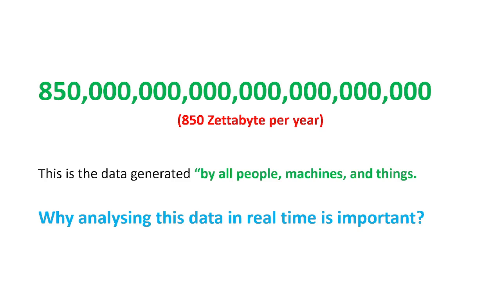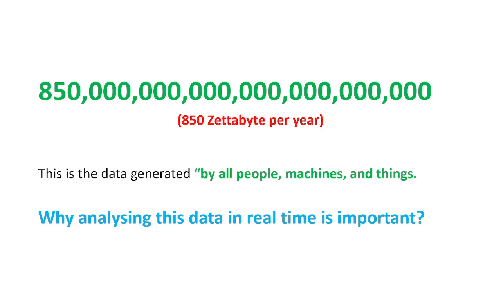Out of this, approximately 10% of the data is usable data, which is around 85 gigabytes of data. But data centers today are only handling about 21 gigabytes of data. So what happened to the rest of the data? The usable data, but our cloud infrastructure can't handle it.